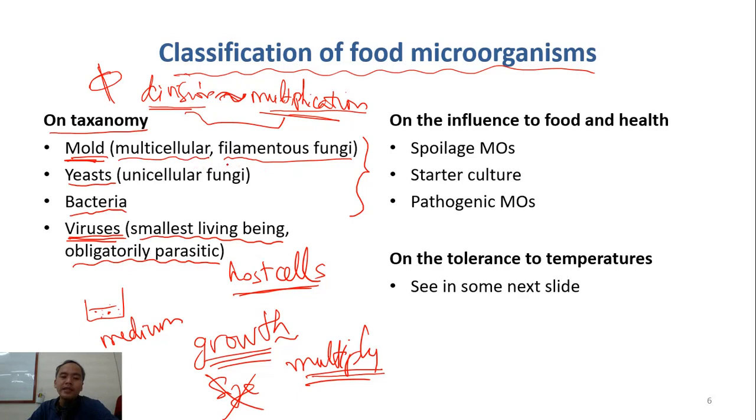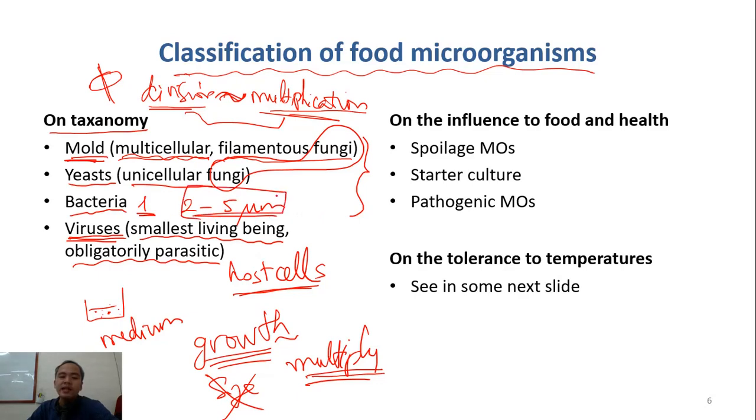So mold and yeast have the common name, fungi. But the mold has many cells, multicellular. But the yeast has only one cell. And then bacteria, one cell, unicellular. The size of bacteria is somehow several micrometers. Can you see it with your eyes at this size?